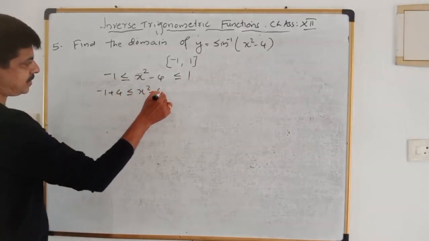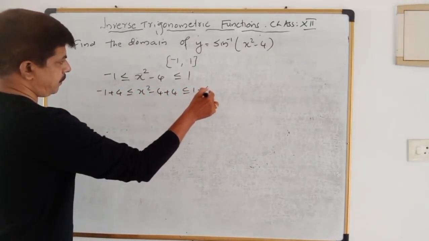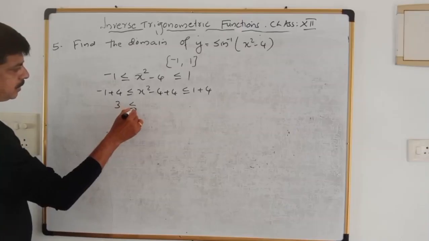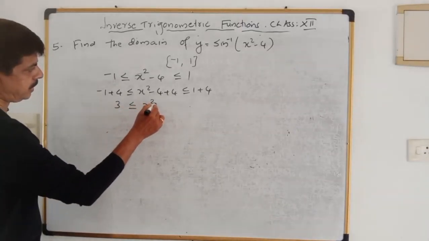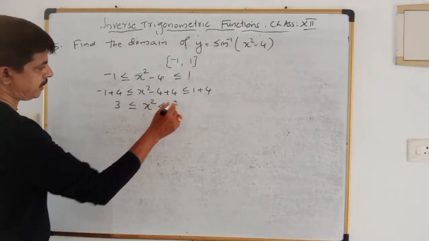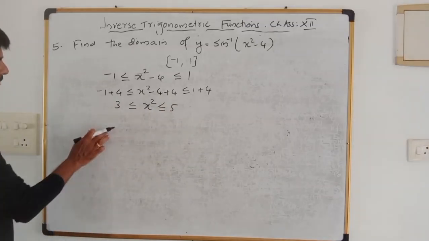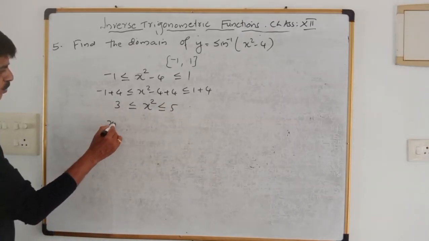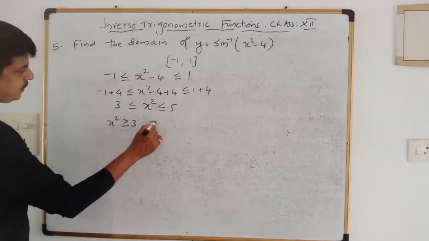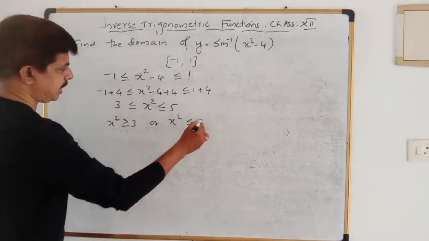x square minus 4 plus 4 is less than or equal to 1 plus 4, so 3 is less than or equal to x square, which is less than or equal to 5.